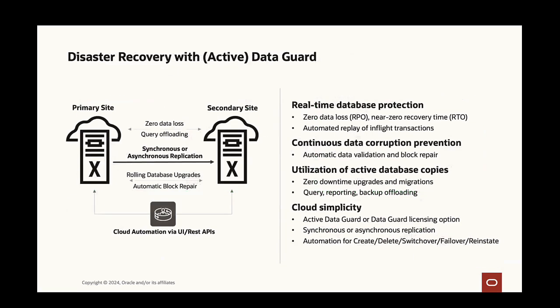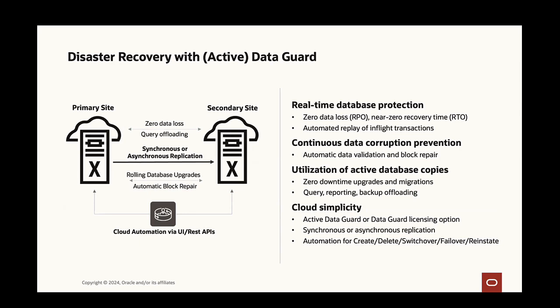Right, so diving into disaster recovery with your Active Data Guard. Data Guard is a key database feature that provides real-time disaster protection. So should you lose your primary database or data center, you can fail your workload over to a standby site maintained automatically by Data Guard.